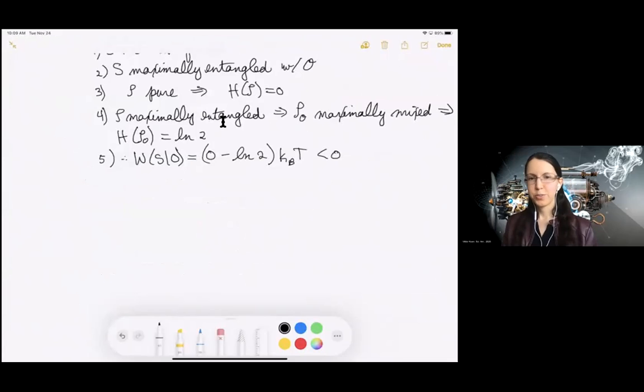That seems counterintuitive because Landauer showed us that the erasure costs work. The trick in this case is we, in a loose sense, sort of burn the correlations, the entanglement between S and O. So we can sort of think of entanglement as a thermodynamic fuel.